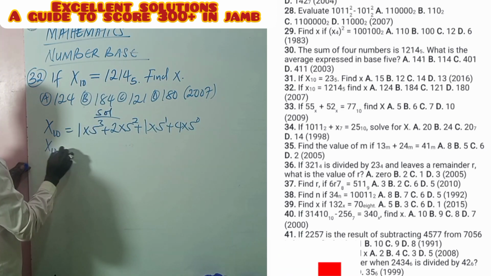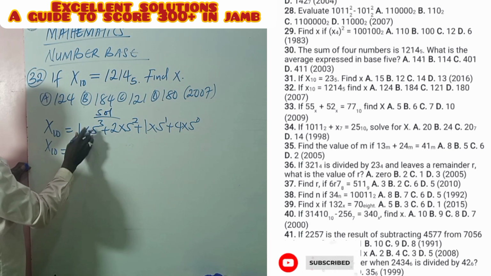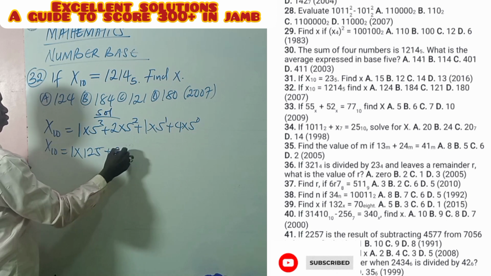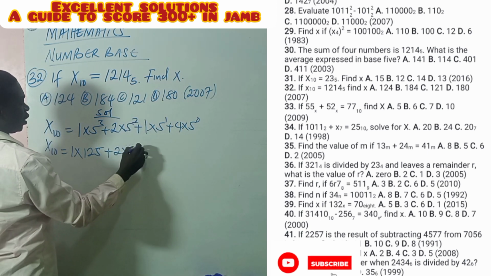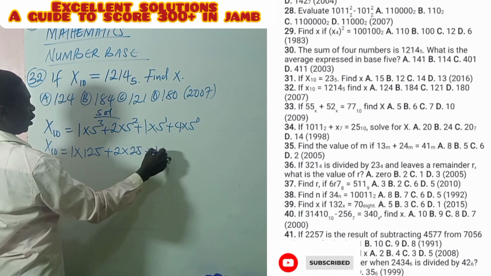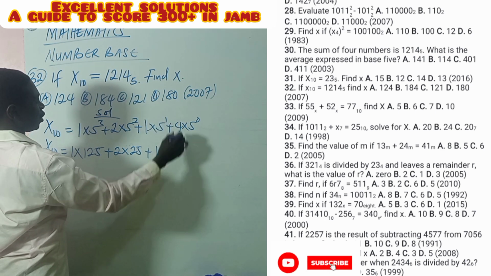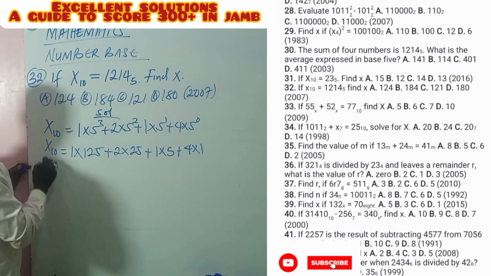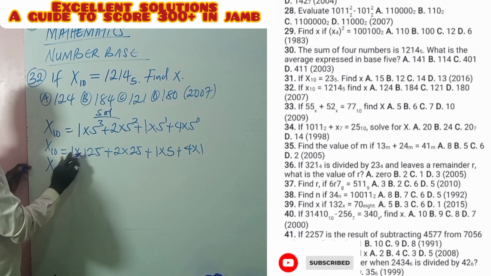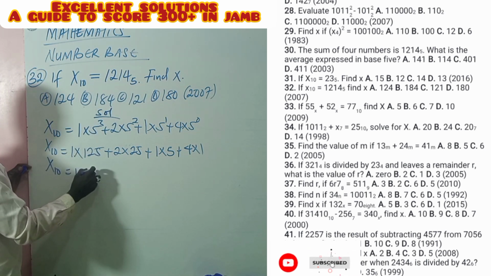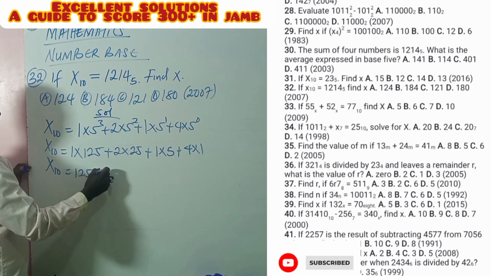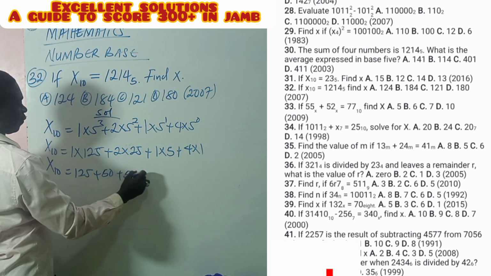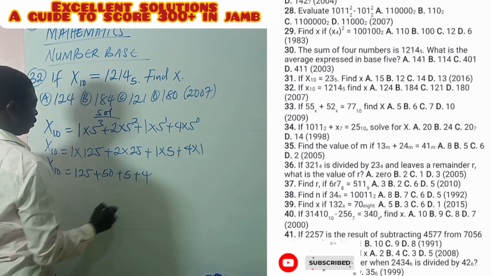This x base 10 is now equal to 1 times 5 power 3 is 125, plus 2 times 5 power 2, we have 25, plus 1 times 5, plus 4 times 5 power 0 is 1. Now x base 10 equals 125 plus 2 times 25, we have 50, plus 1 times 5, we have 5, plus 4 times 1, we have 4.